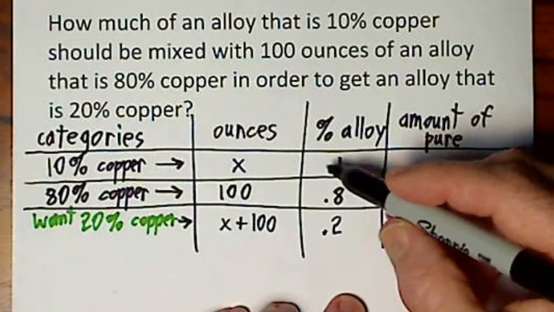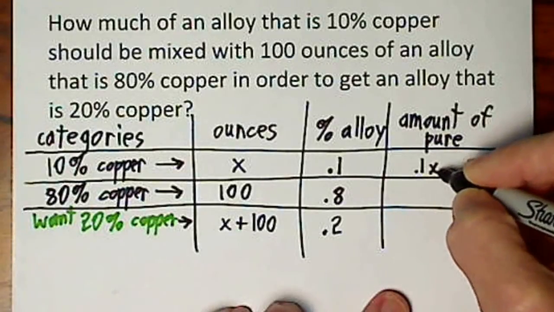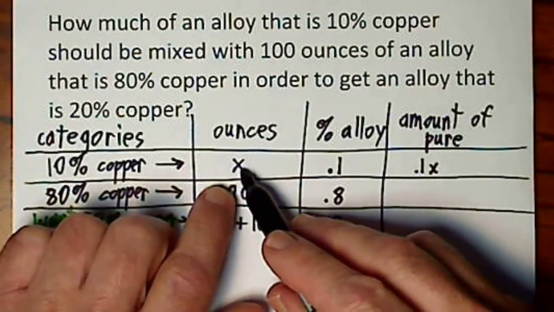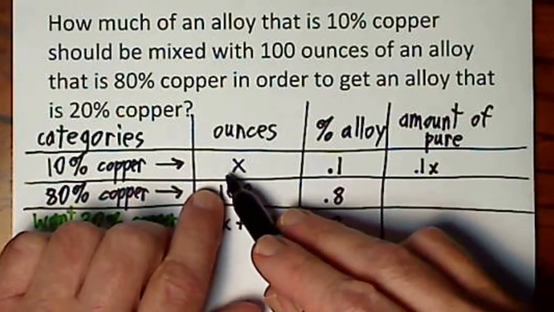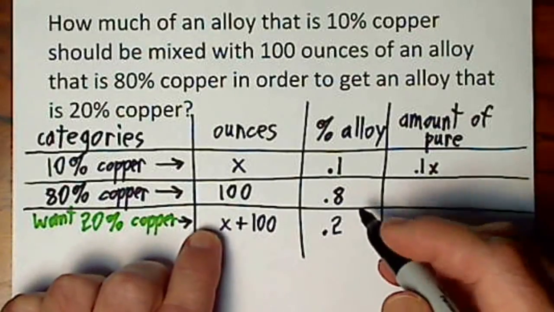So we have 1/10 times X. I don't know the value of that yet. 1/10 times X. Then I have 8/10 times 100.